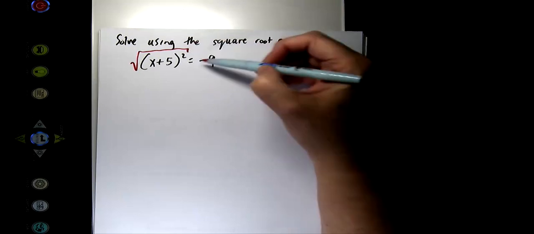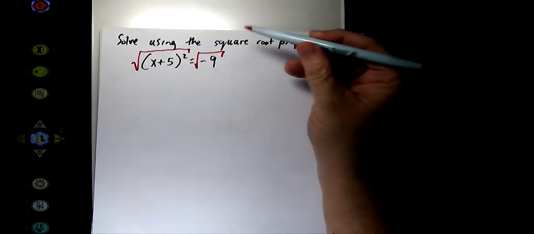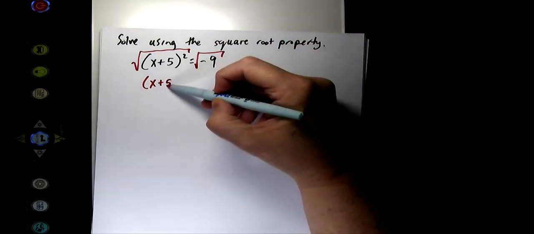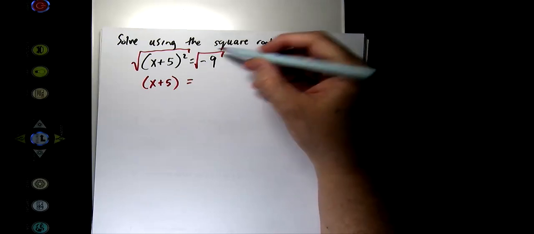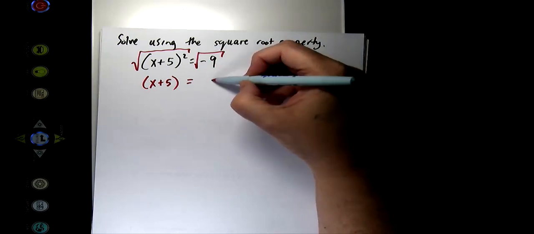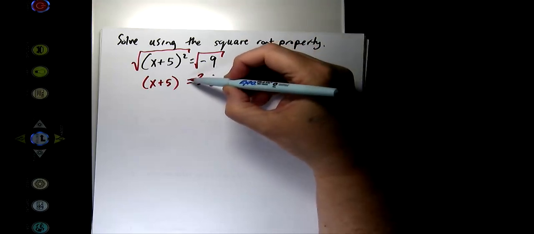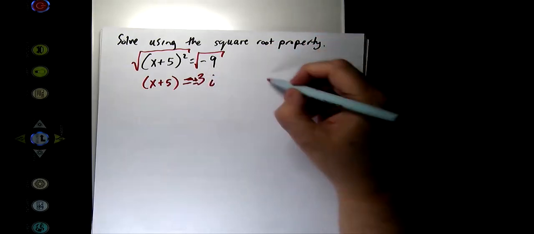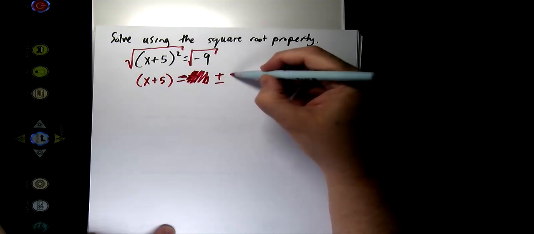It tells us what to do. The right side, -9, when we have a negative, it gives us an i. And the square root of 9 is 3. And since we took the square root, it's plus or minus.